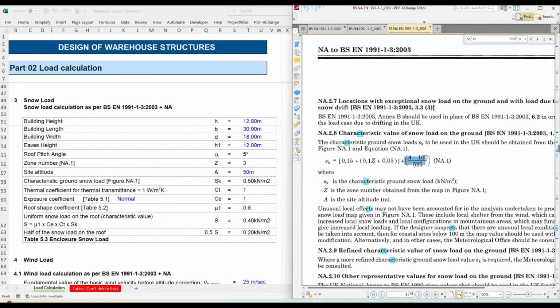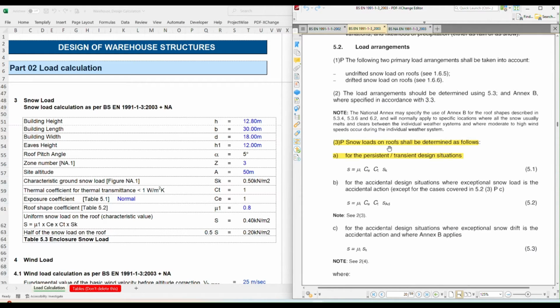If we apply this in these equations, definitely this value will come less when compared to the general equation which is provided in EN 1991-1-3. So the general equation is S equal to mu I into C e into C t into Sk.